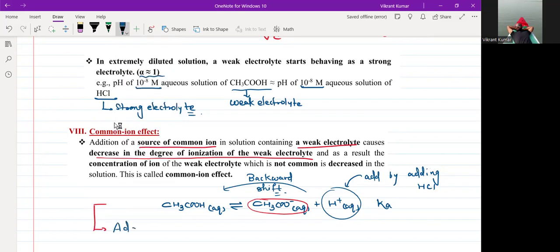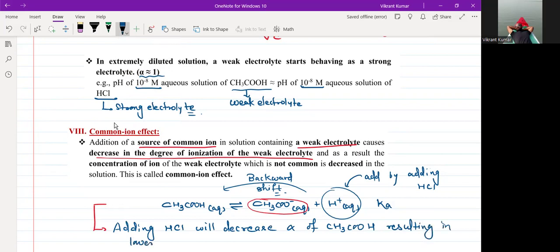सो यहां मैं बोल सकता हूं इन अबव केस, adding HCl will decrease alpha of CH3COOH, resulting in lower concentration of CH3COO⁻ ion, which is not the common ion.